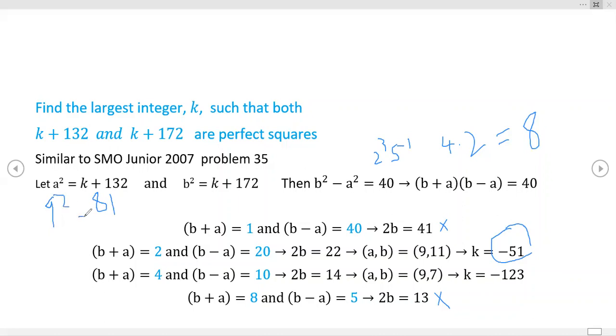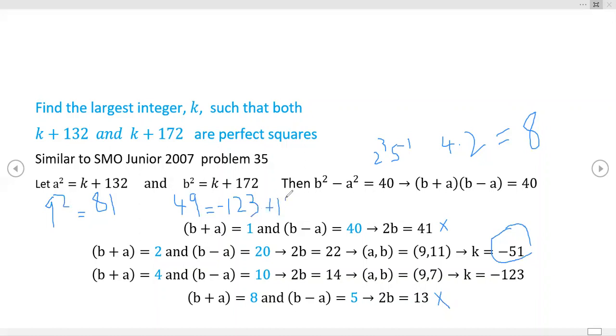And in a similar fashion, we get b is equal to 7. So right here, you get 49, which is equal to minus 123 plus 172. It's kind of strange, isn't it?